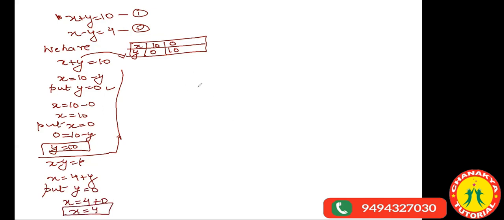Clear? Now, again make a table, beta. x and y. When y is 0, x is 4. Now put x is equal to 0, then y will be minus 4. Right?